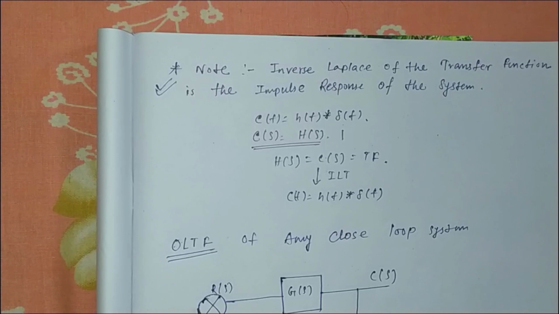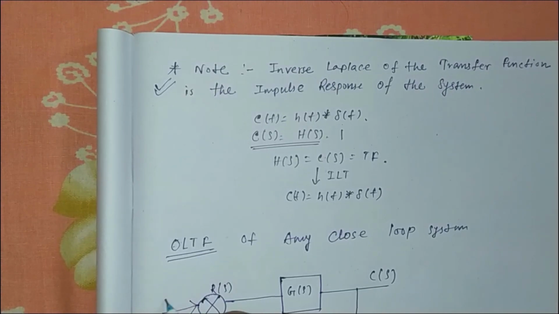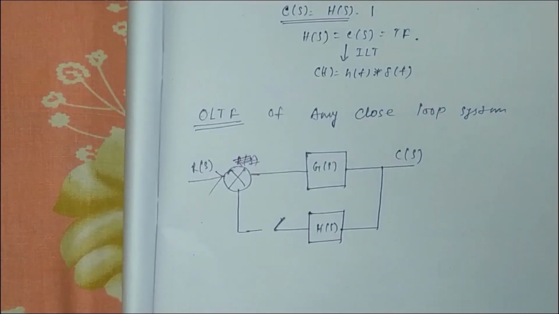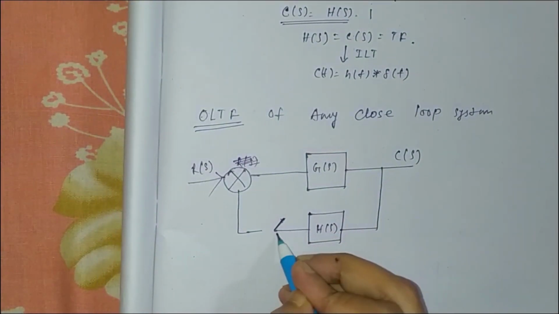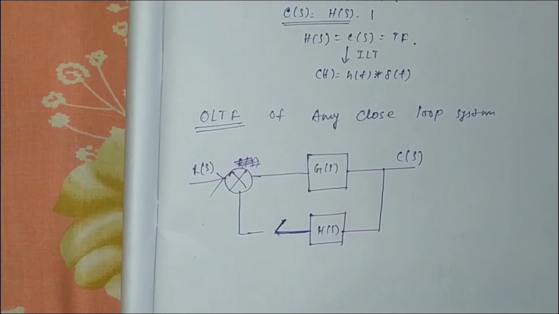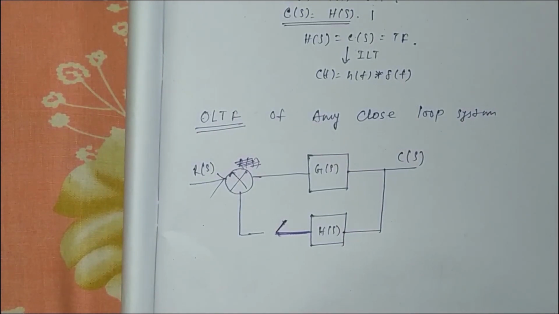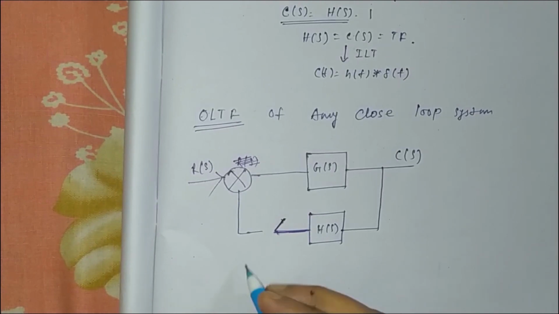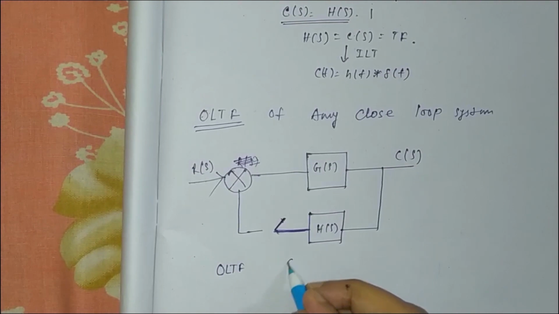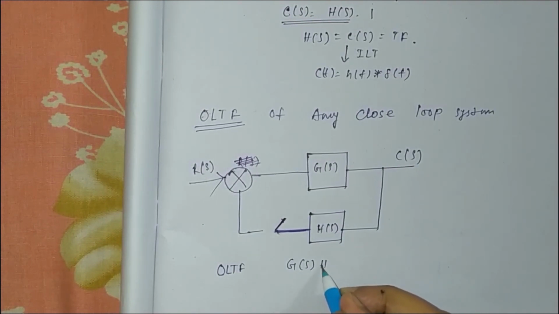The feedback path is here, but the feedback is not connected. In this case, my open loop transfer function will be G(s) into H(s).